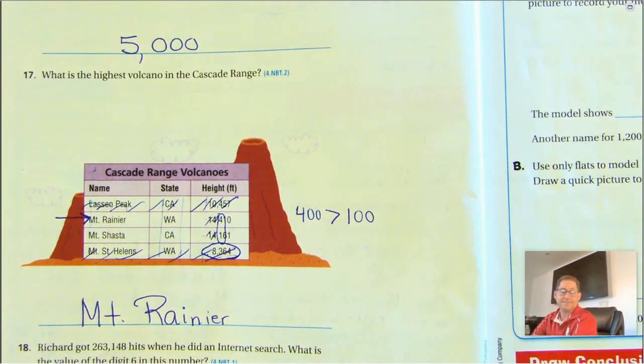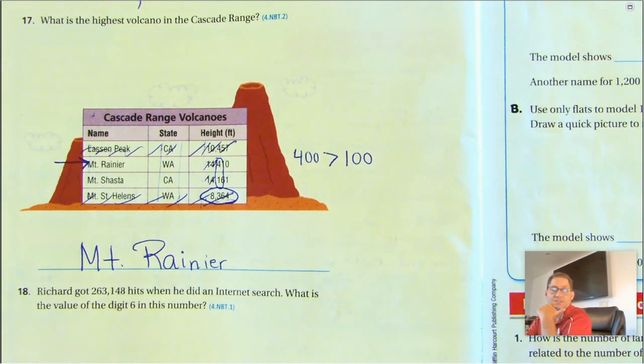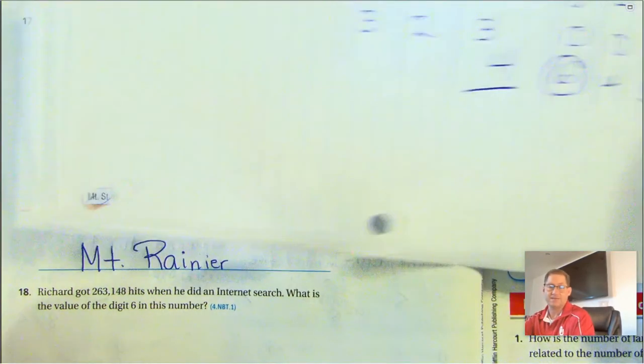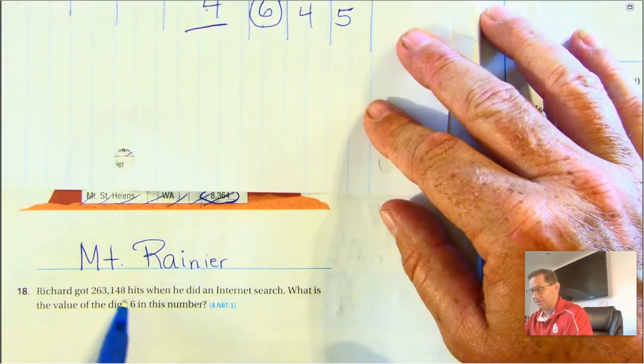And number 18. Richard got 263,148 hits when he did an internet search. What is the value of the digit 6 in this number? Okay, the easiest way is to put it in a place value chart. If you're not certain, you can recall each of the place values.